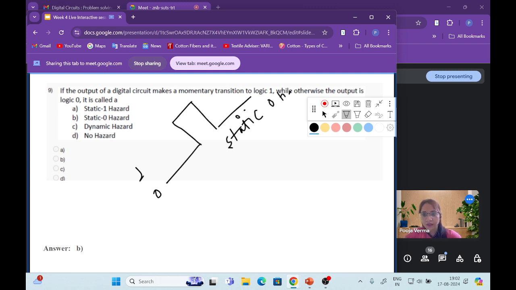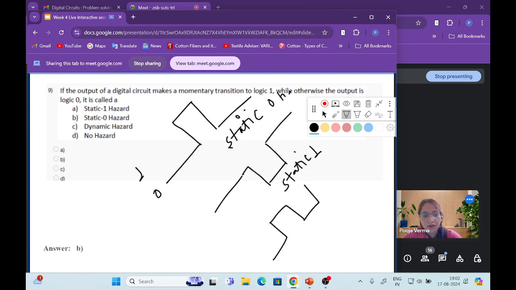And if the output of a digital circuit is at logic 1 and makes a momentary transition to logic 0, then it is called a static 1 hazard. And a dynamic hazard is when continuous transitions occur from 1 to 0 and 0 to 1.